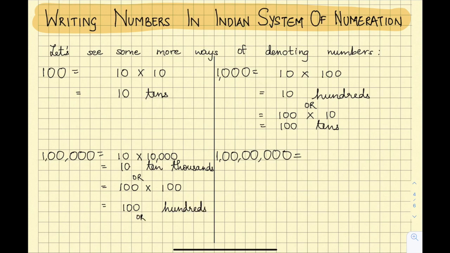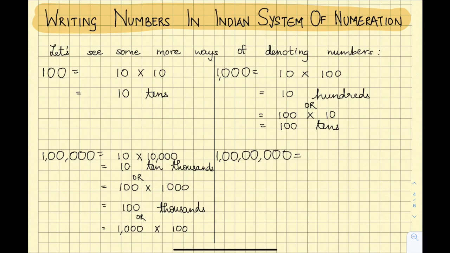Or it can be shown as, you write 1000 multiplied by 100. Okay, wait, here we have to write it as 1, 2, 3, 4, 5. So here it becomes 1000. So it is not hundreds, it is thousands. 100 thousands.